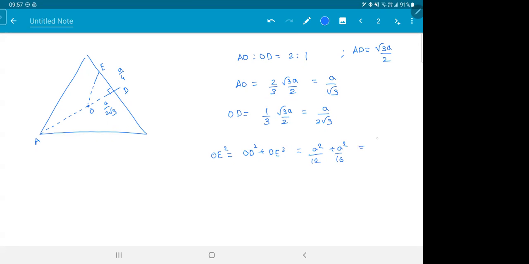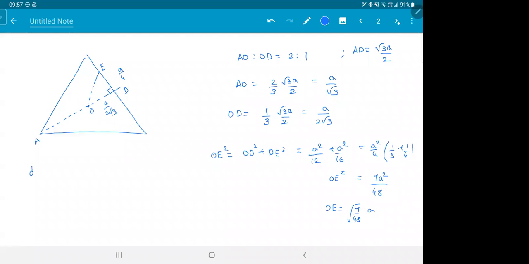Take out a square by 4, so you get 1 by 3 plus 1 by 4. That is 7a square by 48. This is OE square. So OE would be √(7/48) a.